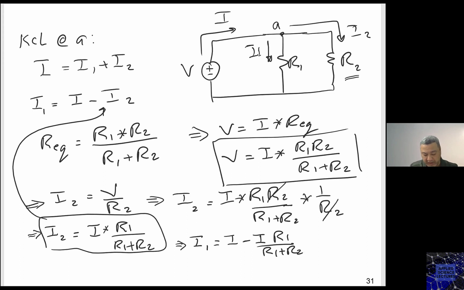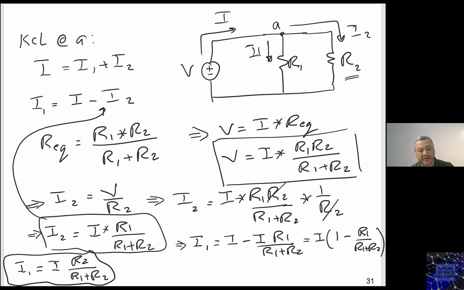Then if you take I outside, then I1 is I times R1 plus R2 minus R1, which is R2 over R1 plus R2.